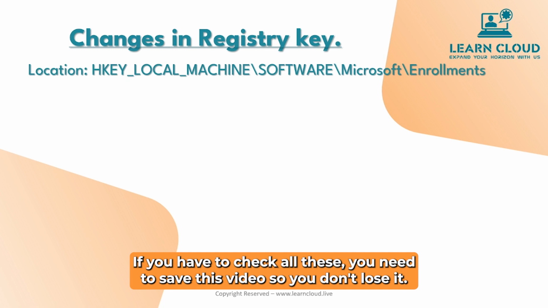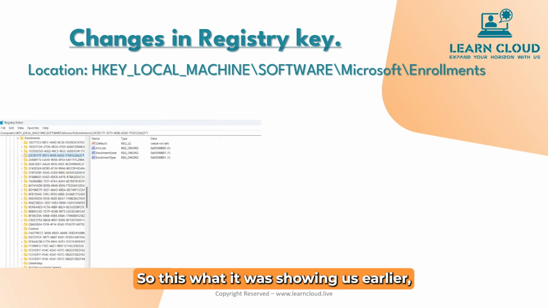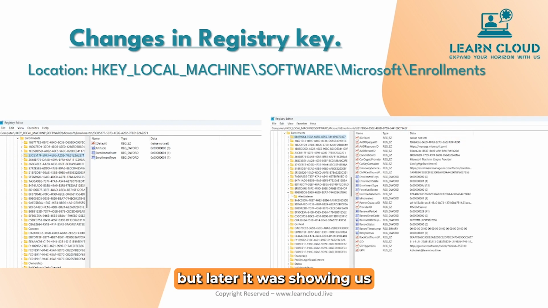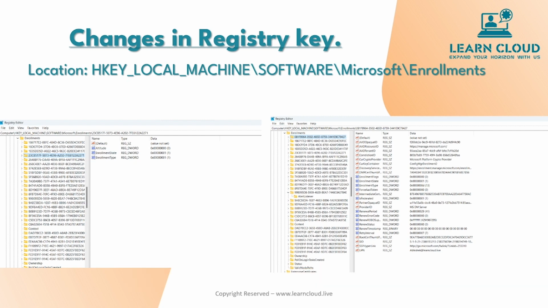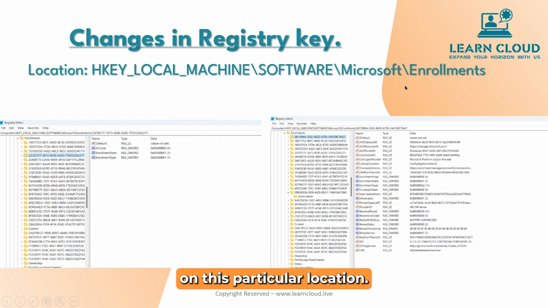If you have to check all these, save this video so you don't lose it, and when you need it, you'll be able to check it with the help of this video. This is what it was showing us earlier, but later it was showing us all the details regarding our enrollment. So this is the difference before and after the enrollment on this particular location.